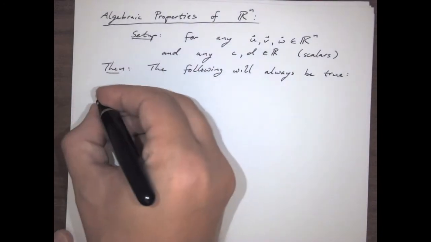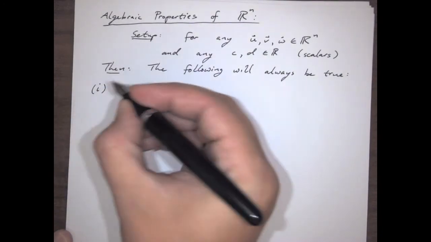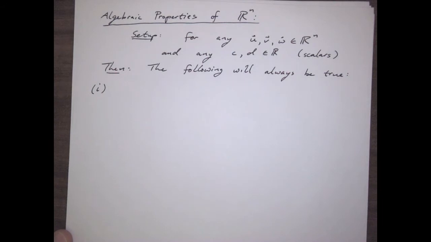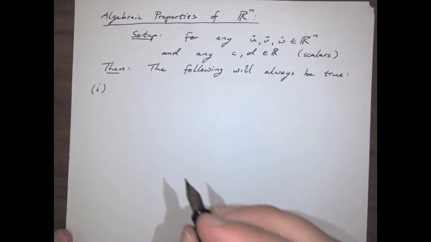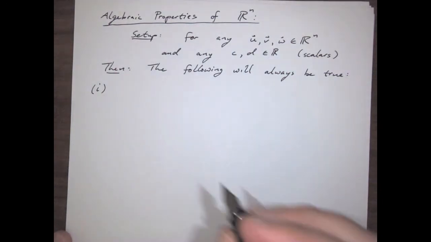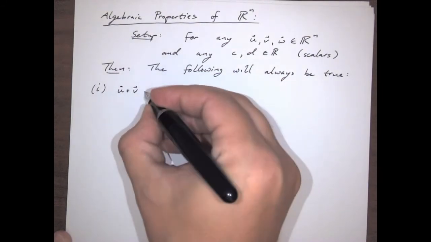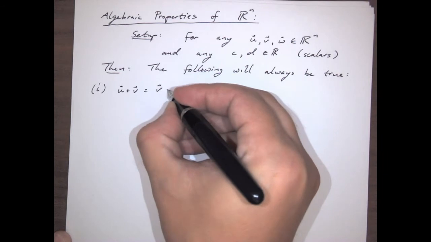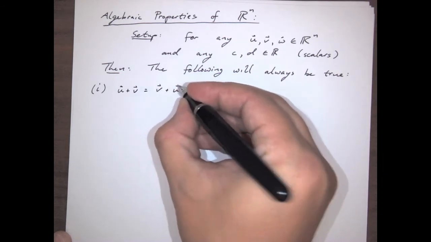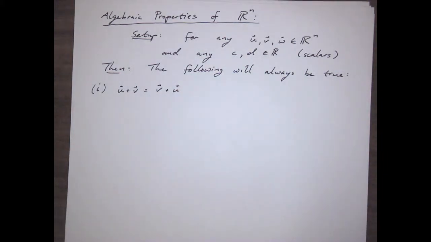So okay, here are the things we know. Well, we know that addition among ordinary numbers is commutative, meaning you can add in either direction, and that's true here too. So u plus v is the same as v plus u. Doesn't matter if you add from the left or add from the right, adding is adding.